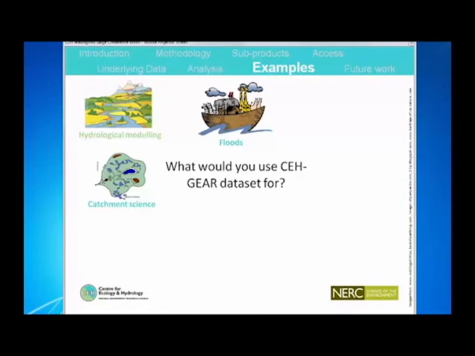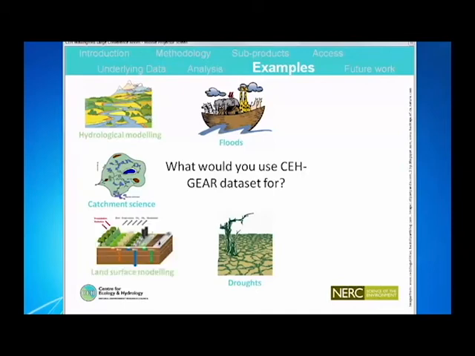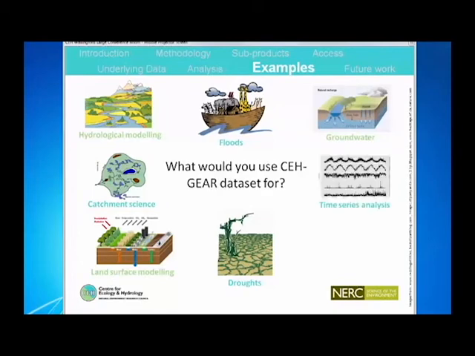It still goes back to the beginning of last century. People studying droughts, land surface modelers, colleagues at BGS studying groundwater, statisticians doing some time series analysis, and some ecologists working on freshwater ecosystems.